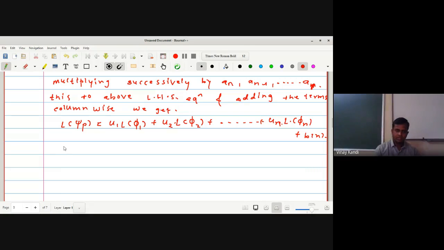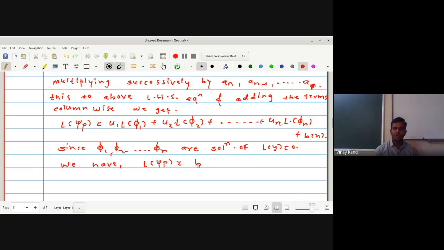OK, since phi 1, phi 2, up to so on, phi n are the solutions of L of y is equal to 0, we have L of psi p is equal to b of x.